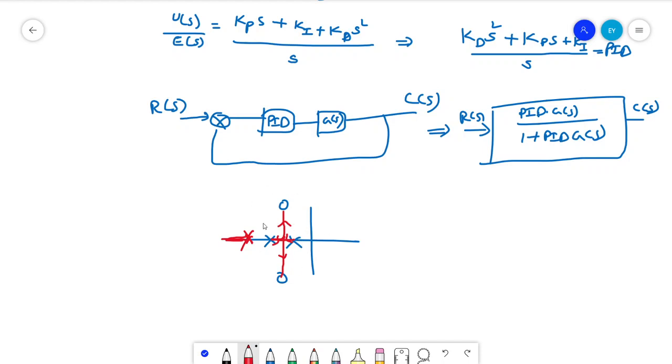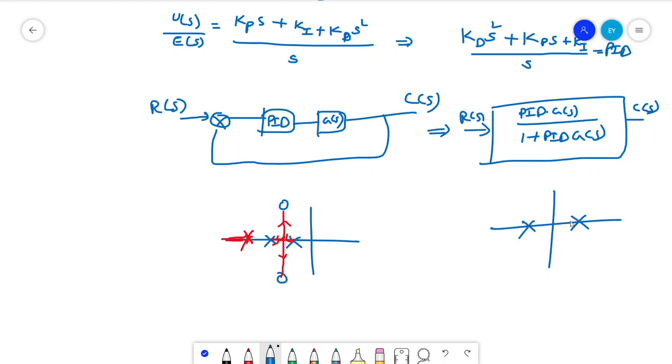This system, if you see, is actually a stable system. If g of s has any pole on the right hand side, you can manipulate the PID gains KD and KP. Suppose for open loop g of s, there is a pole here, there is a pole here.